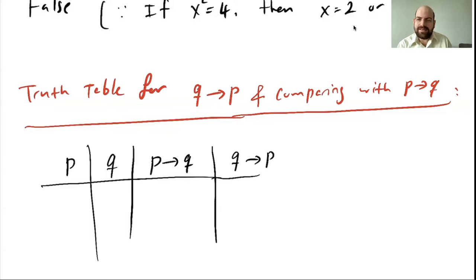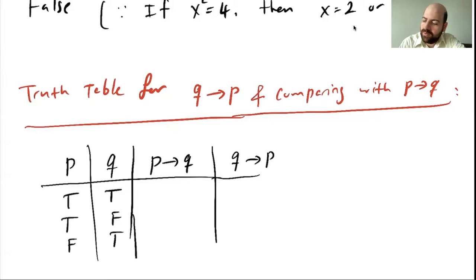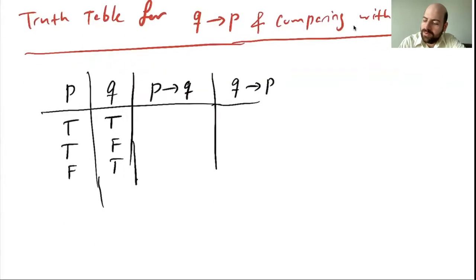So in this sense, they are not equivalent. Now I want to verify this with the table. For the table, we have to include all the possibilities. So P is true and Q is true, or P is true, Q is false, or P is false, Q is true, and both of them are false.